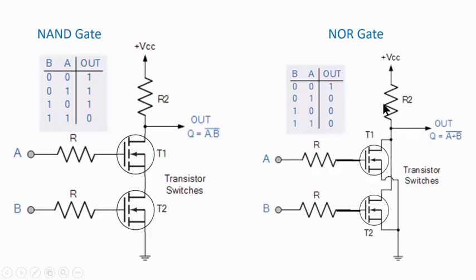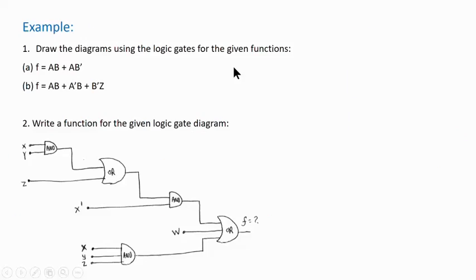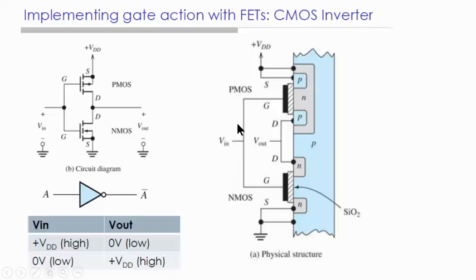Okay, here's some example that I can show how the logic gates work. So implementing this logic gates action in a real silicon wafer, in an integrated circuit, is a little different than individual transistors.